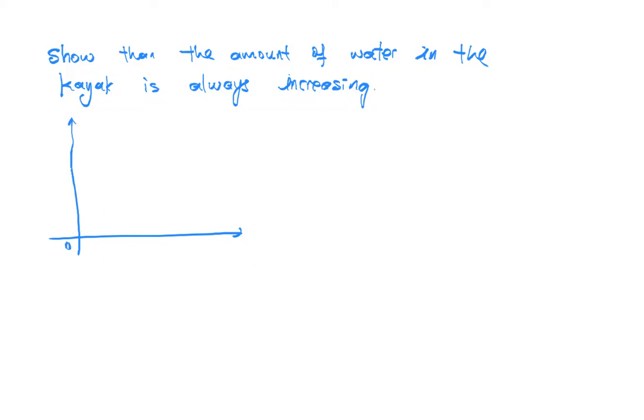How is the graph look like? When t equal to 0, both start with 0, correct?